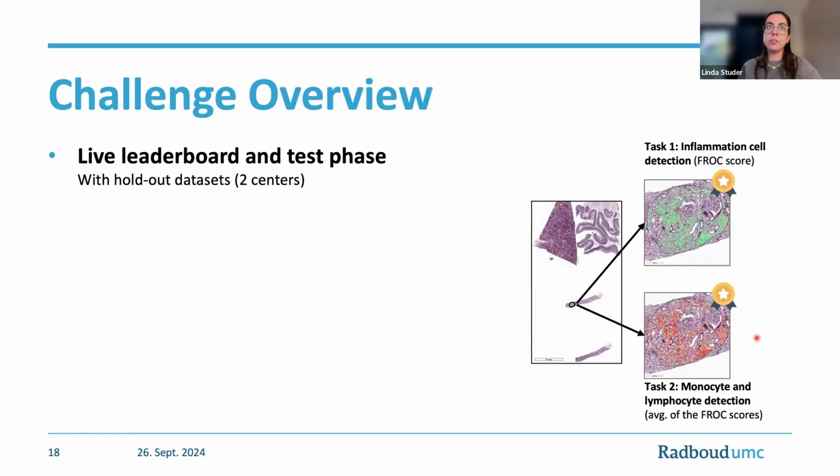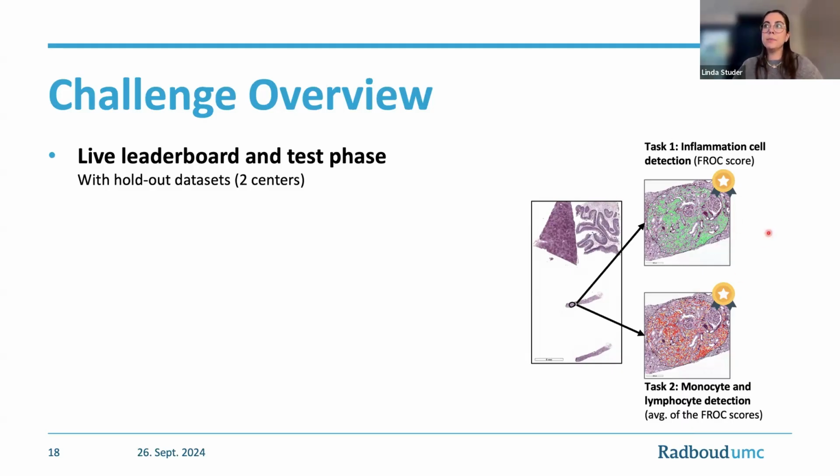There is some research that suggests that different inflammatory cells play a different role in kidney transplant diagnostics. Since we were already annotating data anyways, we decided to also add the task of monocyte and lymphocyte detection. So it's basically a subcategorization of the immune cells in task 1.